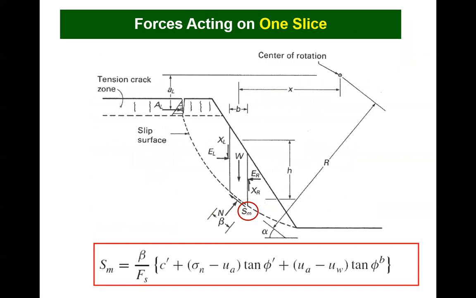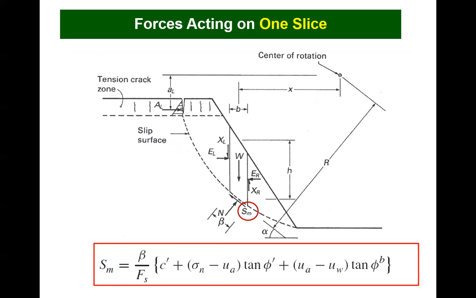A sliding mass of soil can be divided into a series of vertical slices, with each slice considered as a free body diagram. All the forces on each slice are the same, whether the soil is saturated or unsaturated. Only the shear force mobilized, S sub m, needs to be defined in a slightly different manner to accommodate unsaturated shear strength.